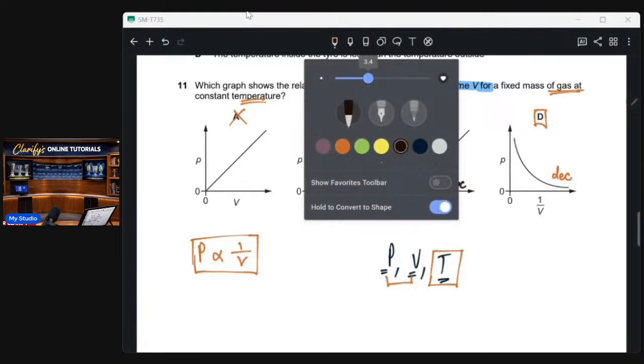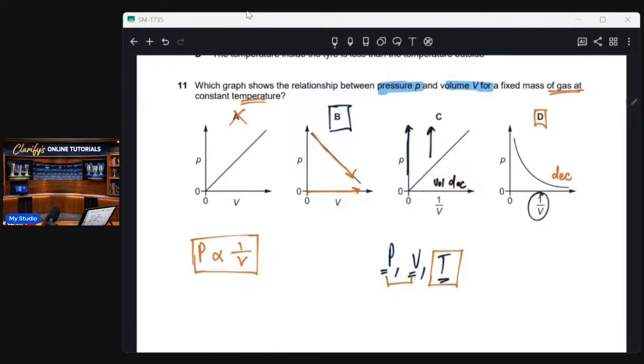Can we agree that when we see 1 over volume, it means it's actually decreasing? So here the volume is decreasing and the pressure also seems to decrease. So now, which one becomes the correct one?